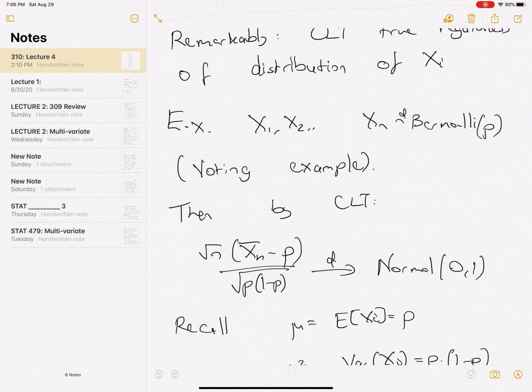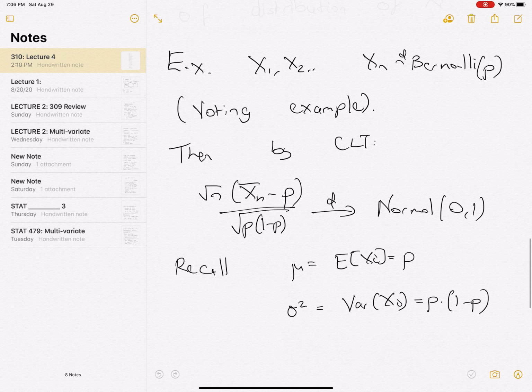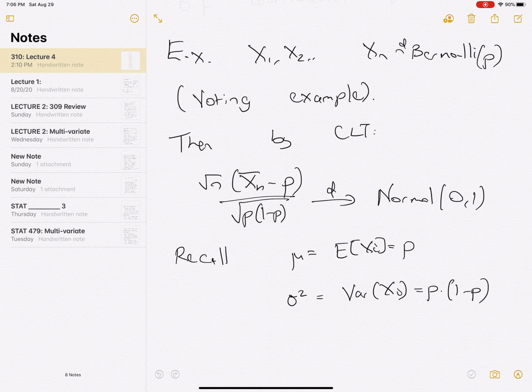If your x1 through to xn is a Bernoulli p random variable, so it's like the voting example where p is a probability of voting for Democrat or Republican or whatever else you're interested in, then you can apply the CLT. What we would get for the CLT in that case is that square root of n times x bar n minus p over square root of p times 1 minus p is going to converge in distribution to normal 0, 1.